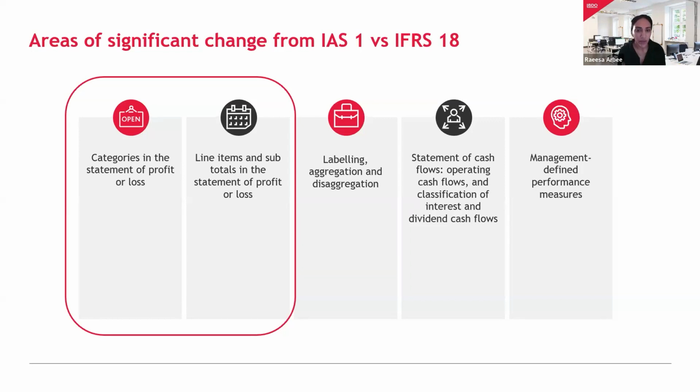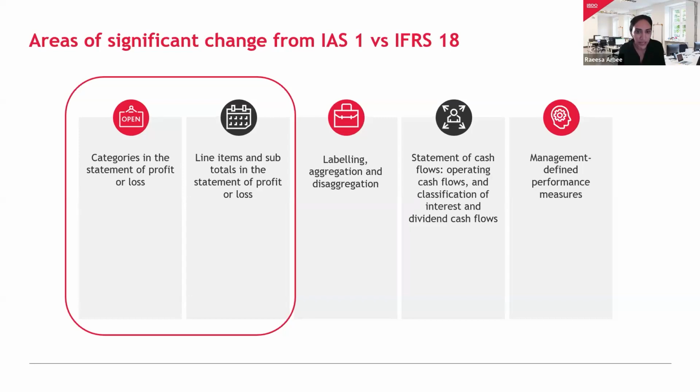And we'll have a look at what this will look like. Now, those terms, operating, investing, financing, are terms we've heard before in our cash flow statement, but there is no explicit alignment between the categories in the statement of profit or loss and those in the cash flow statement. And the reason for this is because each of those statements have very different uses for the investors.